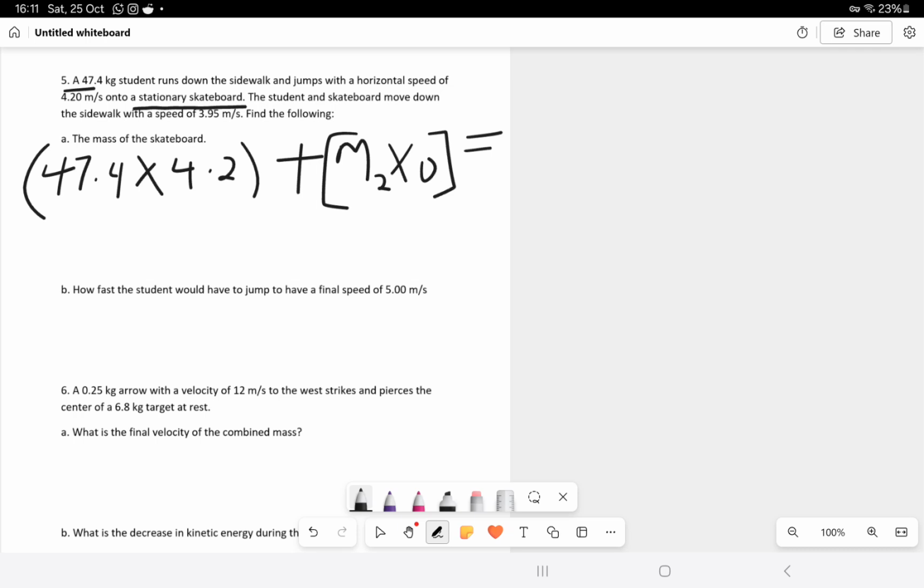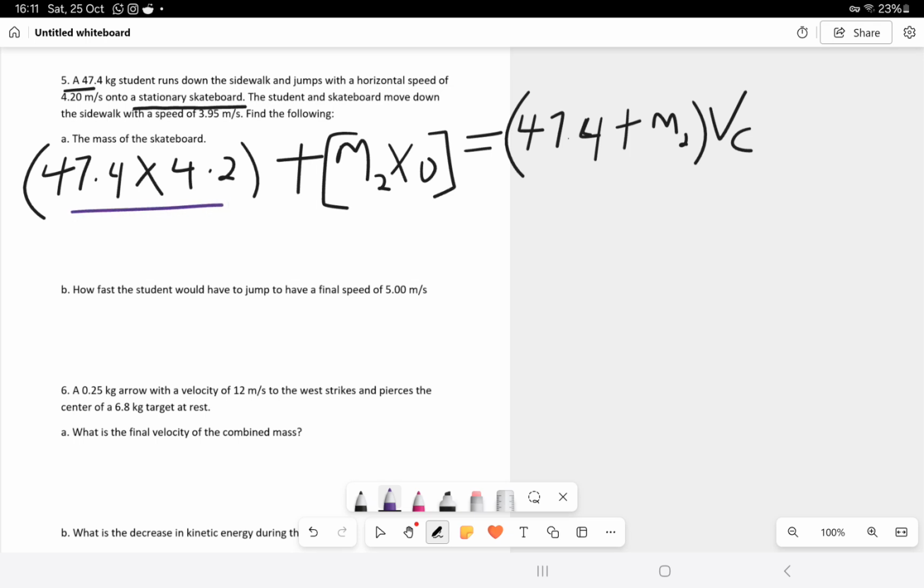This means I take the mass M1, which is 47.4, plus M2, which we are not given and is what we are looking for, then multiply by VC.